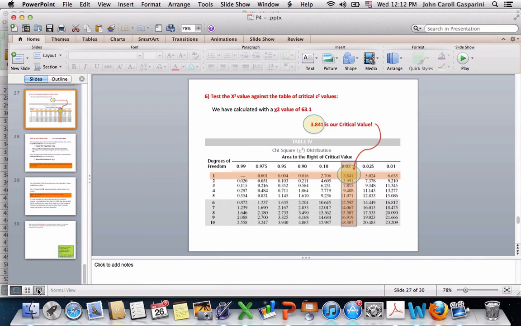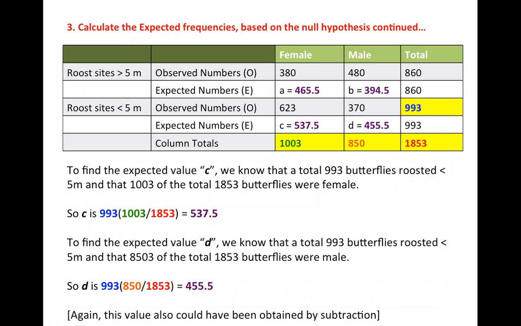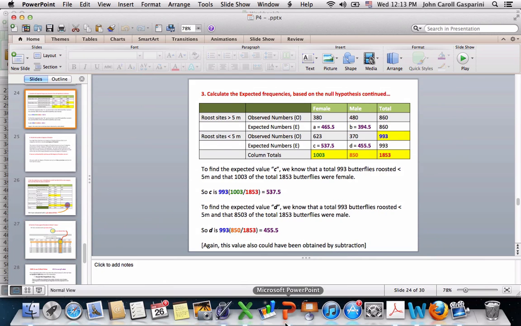Now, what did I want to do? Let's go back and take a look at our table here. So basically, I'm going to take this table, the observed numbers above 5 meters, expected numbers above 5 meters, observed and expected values below, and I'm basically going to take this table and put it into Excel.